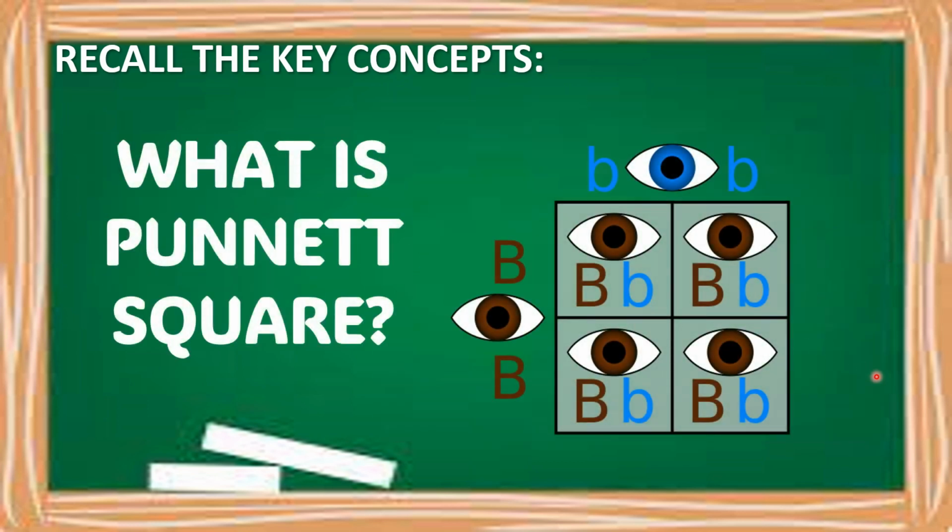What is Punnett square? As you can see in the picture, this is an example of Punnett square. So, ano ba ang ibig sabihin ng Punnett square? Let's go to the next slide.